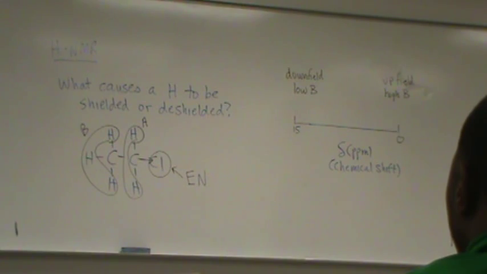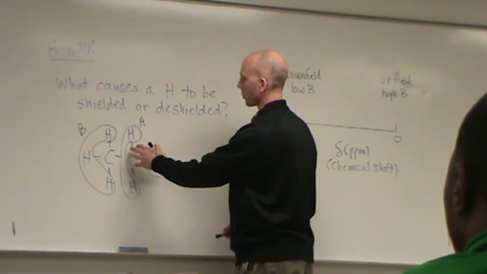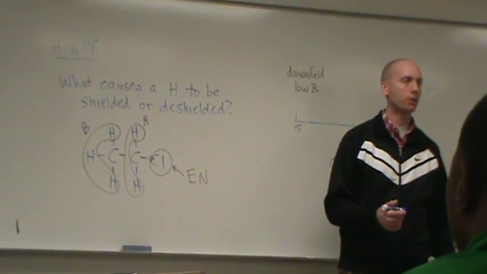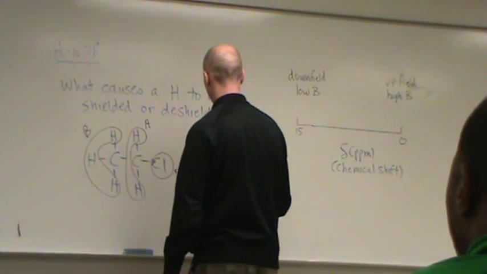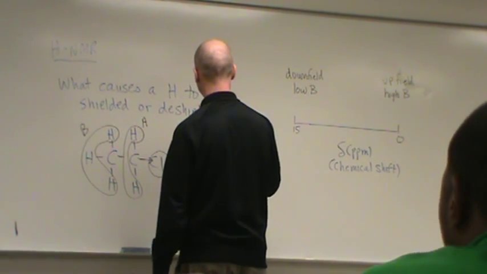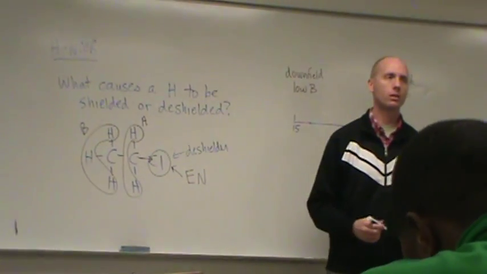Well, let me ask it the other way. Which of those will be more de-shielded? A or B? A. Okay. So the chlorine is pulling electrons away, and the A's can feel it better than the B's. So this chlorine is acting as a de-shielder.